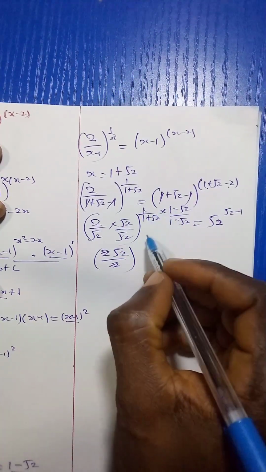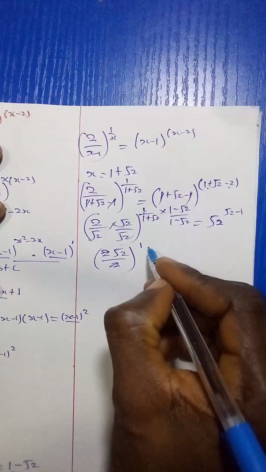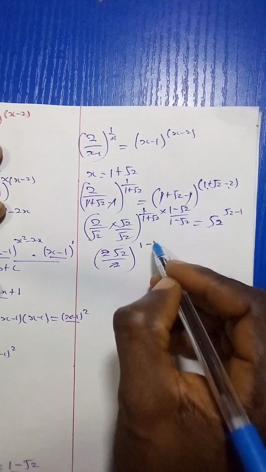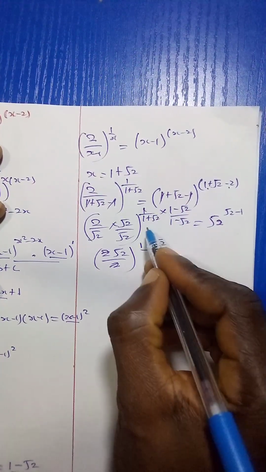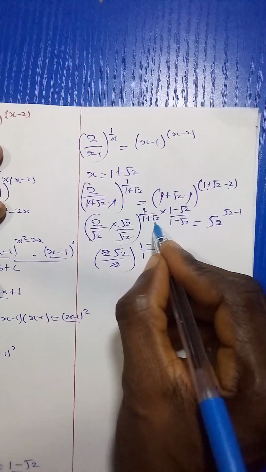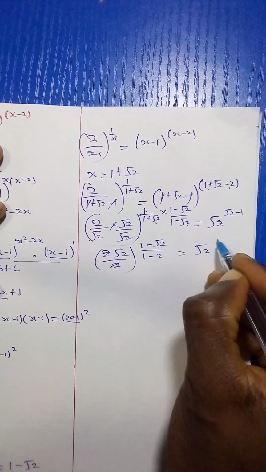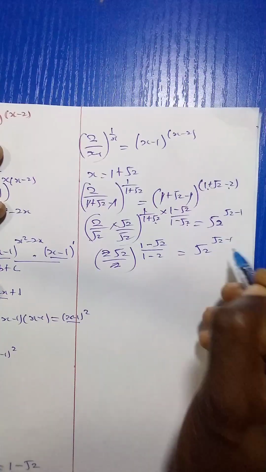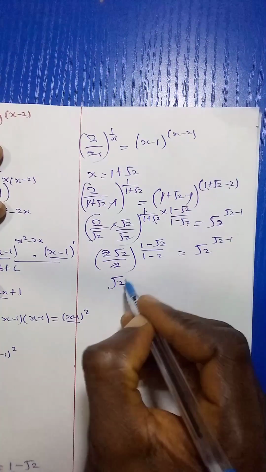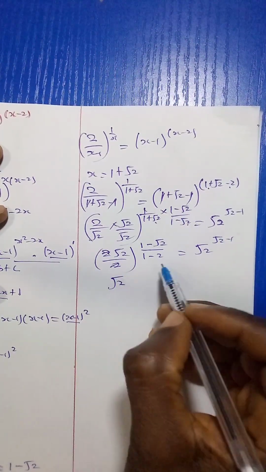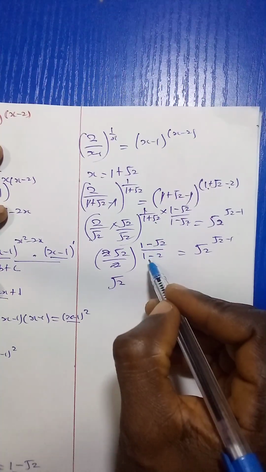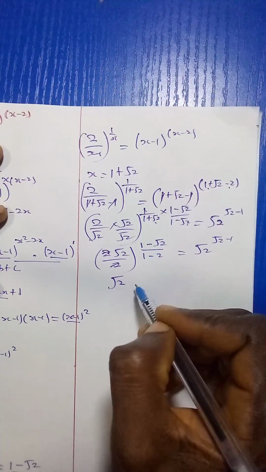Now 1 times 1 is 1. 1 times minus root 2 is minus root 2 over 1 times 1 is 1, and root 2 times minus root 2 is minus 2, equals root 2 to power root 2 minus 1. Now what we have here is root 2. Remember that these two cancel out. Again, 1 minus 2 is minus 1.